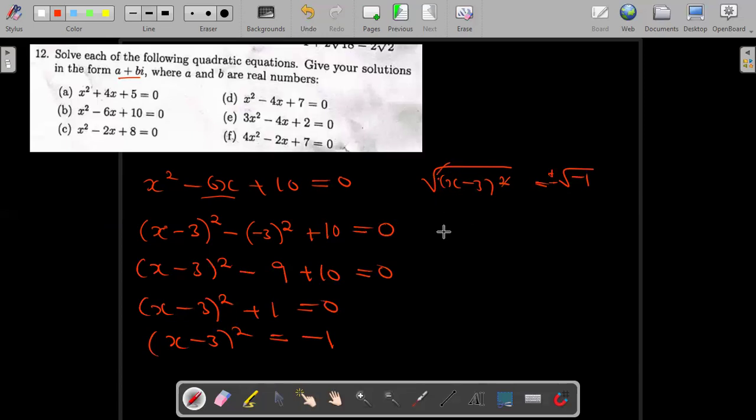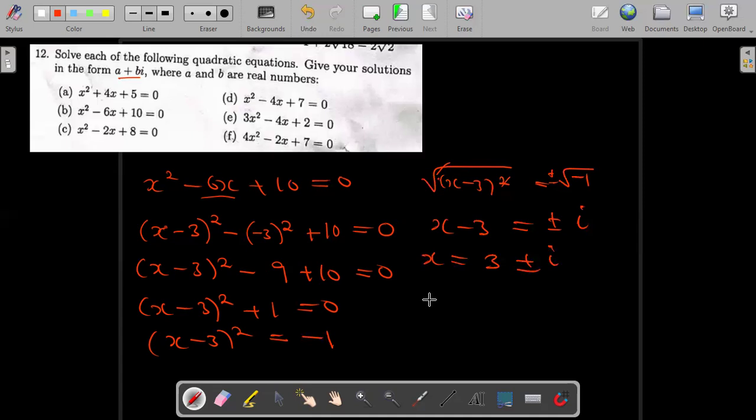Then you have x minus 3 is going to be equal to plus minus the square root of -1. I can write this as i. Then I can take the 3 to the other side, I have x equals 3 plus minus i, like this.